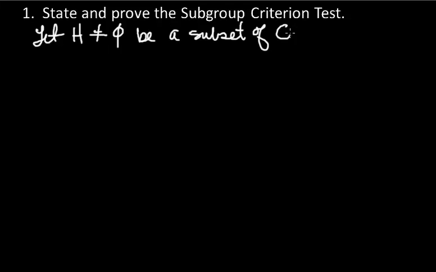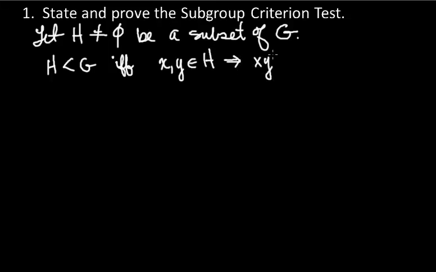of a group G. The subgroup criterion test tells us that H is then a subgroup of G if and only if, I think I'll write it this way, X, Y in H implies X Y inverse is in H. We use multiplicative notation, but it's really any group operation.